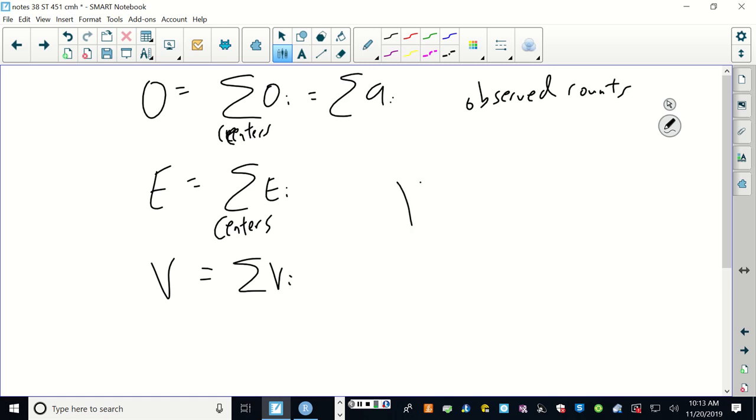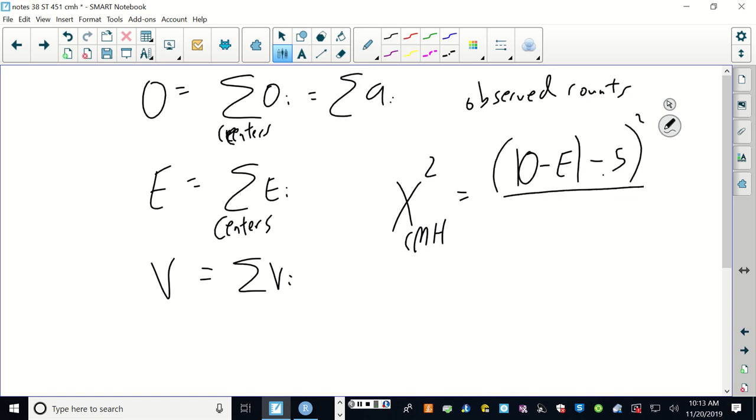And then our chi-squared Mantel-Haenszel or Cochran-Mantel-Haenszel statistic takes the observed minus the expected. With a continuity correction, it subtracts 0.5, that squared, over the variance. And under the null hypothesis, this statistic has a chi-square distribution with 1 degree of freedom.